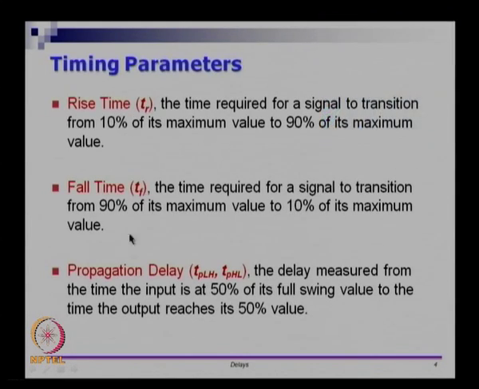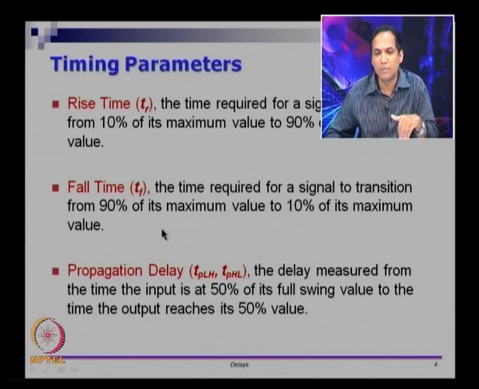Right. So, let us look at different parameters now related to timing. The first parameter we are going to call rise time. Rise time is, if I give you a voltage waveform, the time required for a signal to transition from 10% of its maximum value to 90% of its maximum value, and fall time is the time required from 90% of its maximum value to 10% of its maximum value.